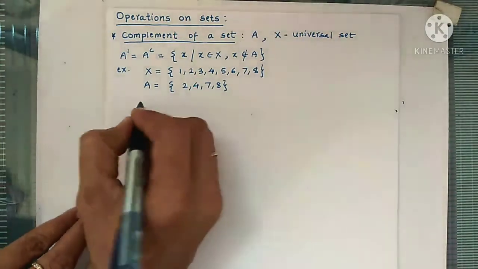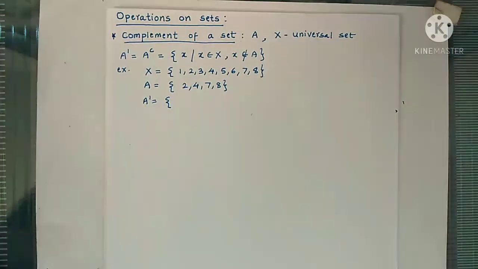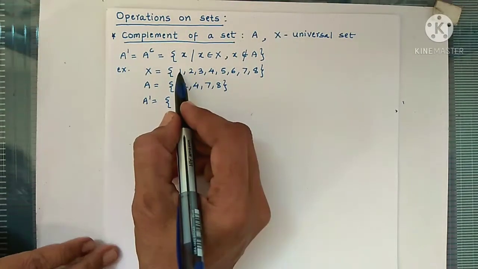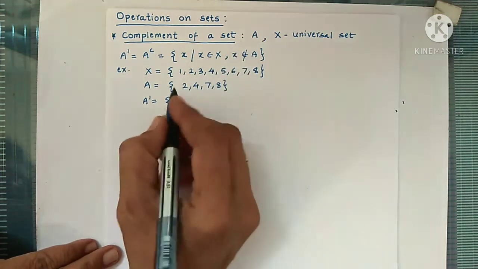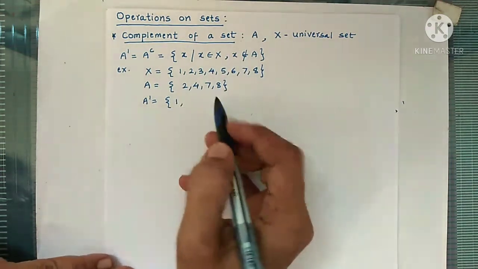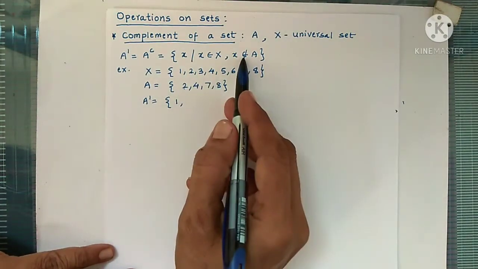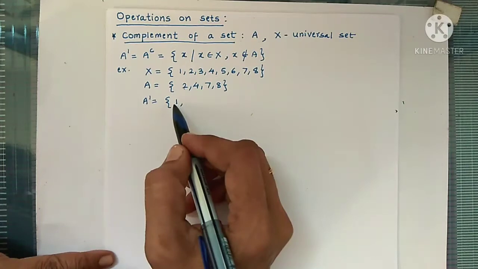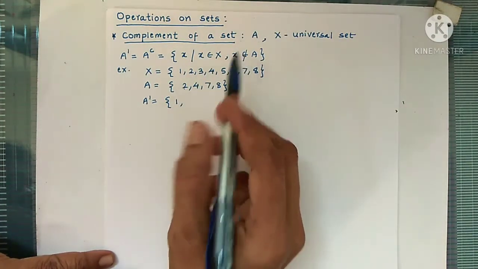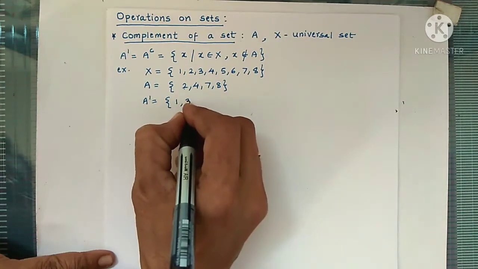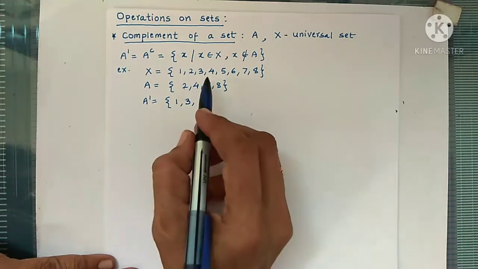Now to write A complement, we have to write all elements of X which are not in A. Consider 1, which is an element of X but is not in A, so this condition is satisfied. So 1 belongs to A complement. Now 2 belongs to A, so this condition is not satisfied. So 2 does not belong to A complement. Now 3 belongs to X and 3 does not belong to A, so 3 satisfies the condition. So 3 is an element of A complement.